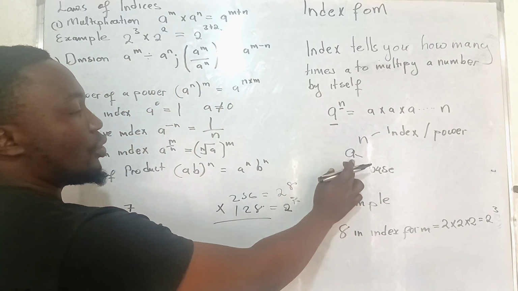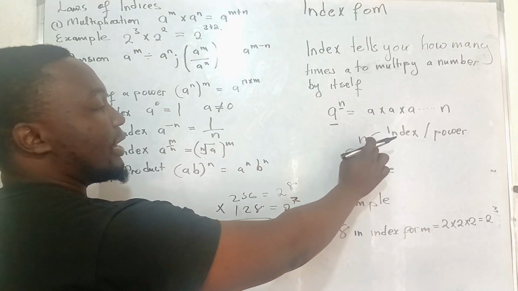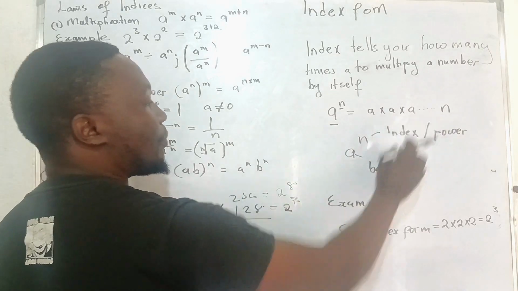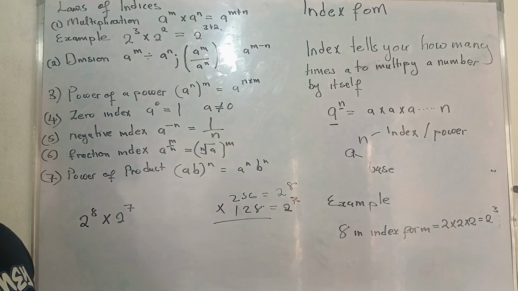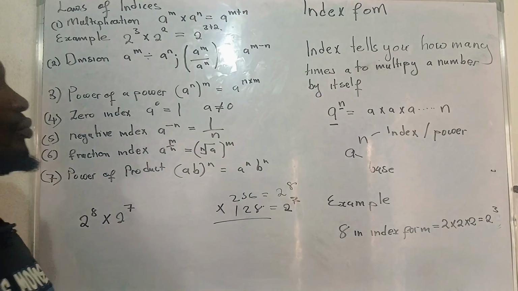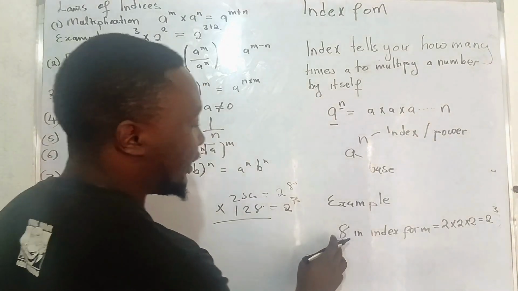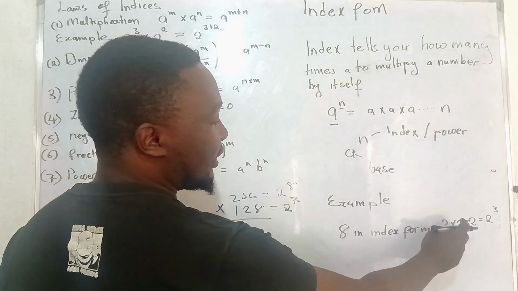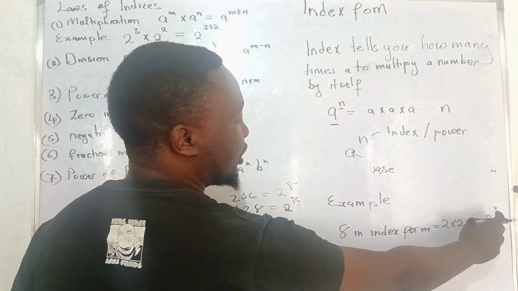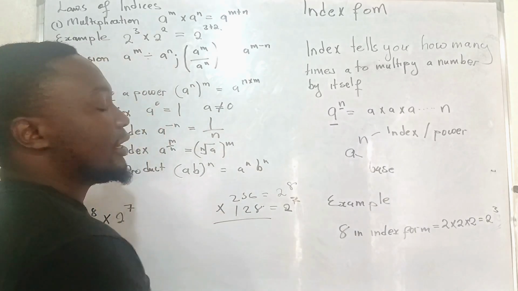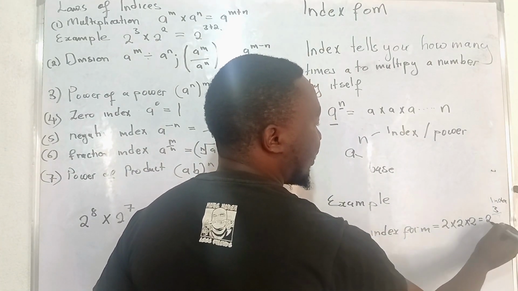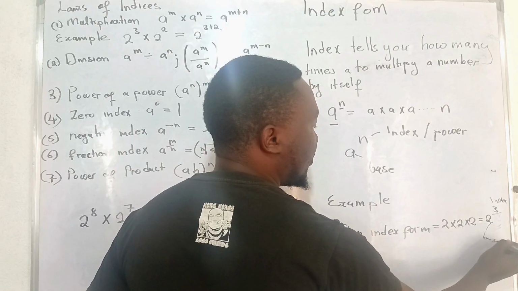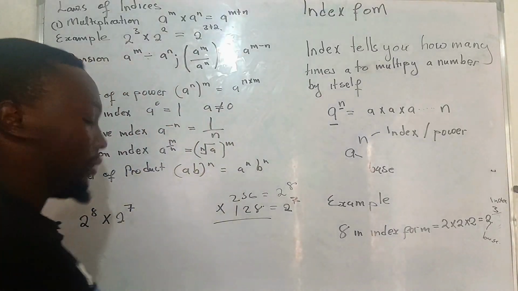So a is called the base, and n is called the index or power. When it's singular, it's called index, and when it's plural, it's called indices. For example, 8 in index form is given by 2 times 2 times 2, which is 2 to the power 3. This being the index, power, and this being the base.